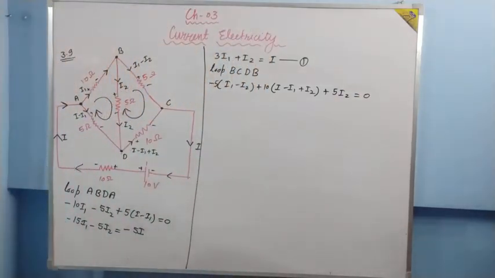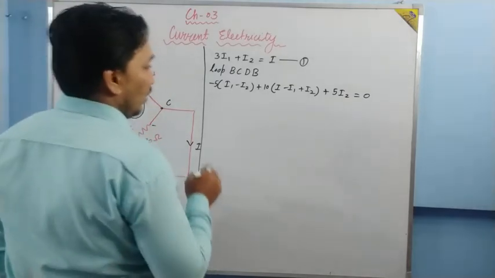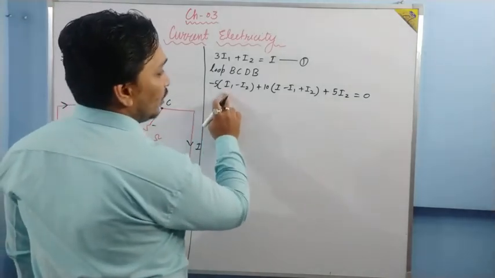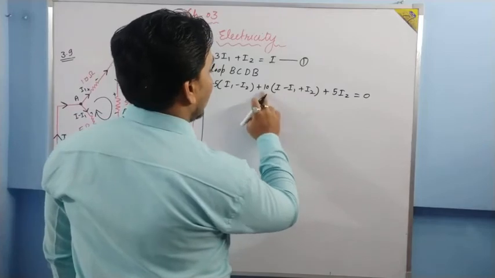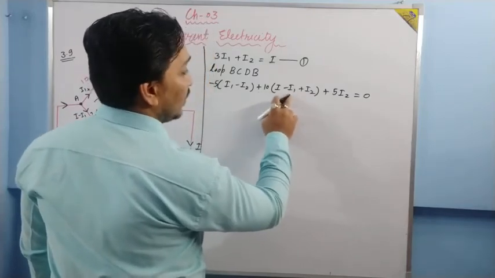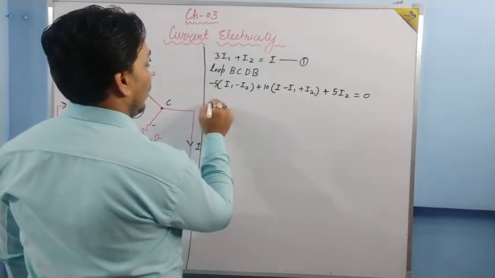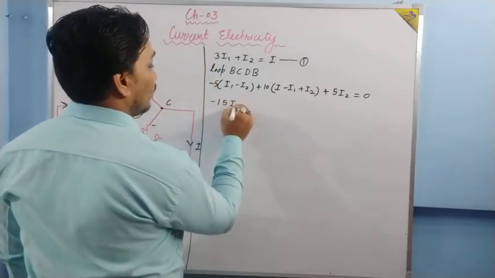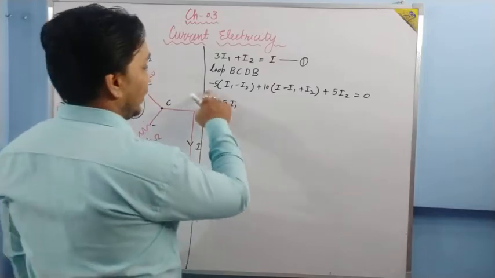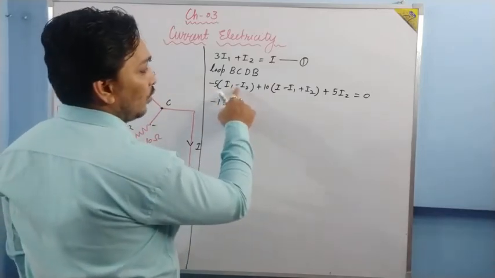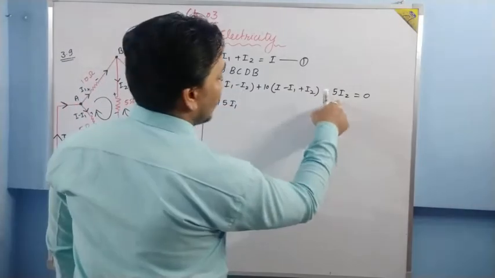Okay, now collect all the I1 and I2s together. So if we take I1, minus 5 I1 from here, plus 10, plus and minus will become minus 10 I1, minus 5 I1, minus 10 I1, it will become minus 15 I1. For I2, minus and minus will become plus 5 I2, plus 10 I2, plus 5 I2.